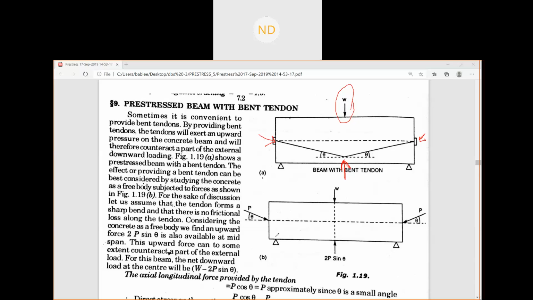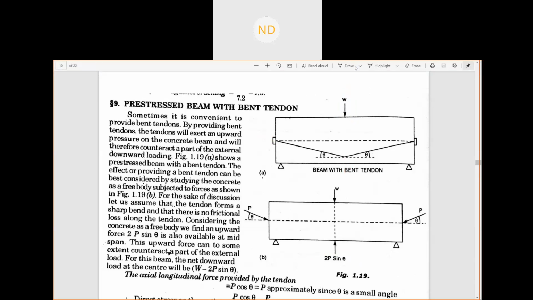Suppose this is the free body diagram, this is the load, and due to this we will have an upward pressure of 2P sine theta. Assume the pre-stressing force is at an angle theta.